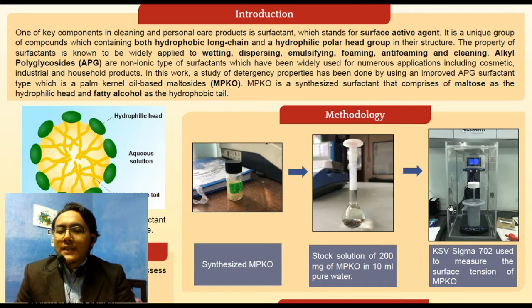This is the KSV Sigma 702, which is suitable for measuring surface tension of aqueous solutions. In this part, we have the location for the 10 milliliter sample of solution, and then the Du Noüy ring will measure the surface tension of the solution.